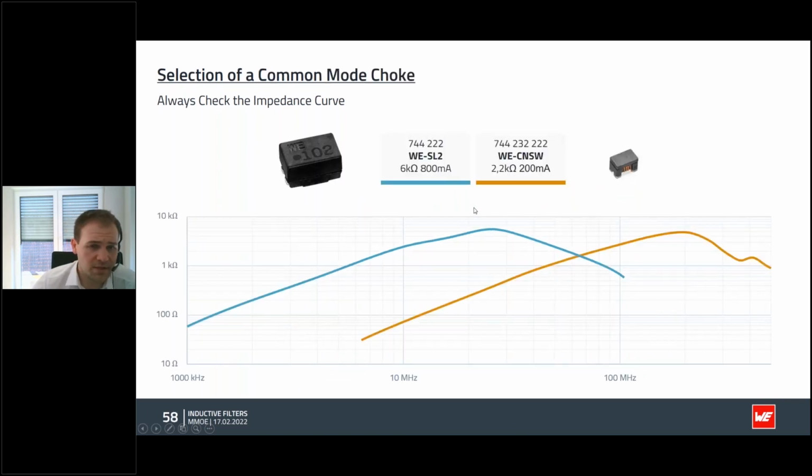But this is also the case for common mode chokes. So please don't just look for the rated impedance at the top of the data sheet, because depending on the frequency of your noise, a smaller common mode choke with a lower impedance but a higher self-resonance frequency will have much better attenuation in your application than expected.